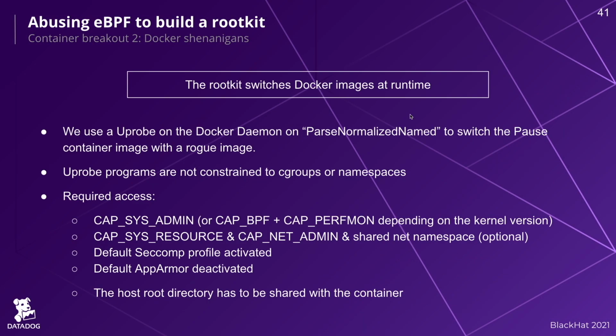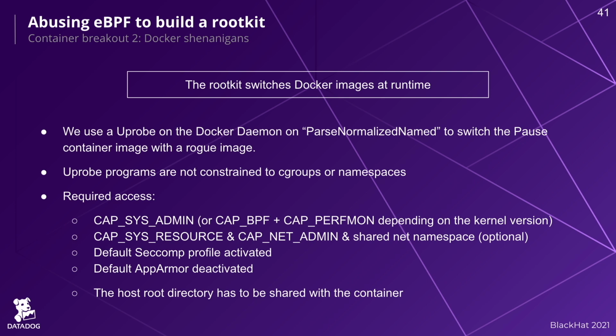All right, so now let's talk about our second container breakout. This second container breakout is based on the fact that the rootkit can switch Docker images at runtime. For this breakout to work, we added a uprobe on the Docker daemon, and more specifically on the parse normalized name function. This function is usually called whenever you make a request to Docker, and it will parse the Docker image name from your requests.